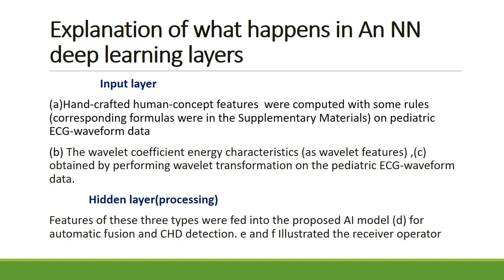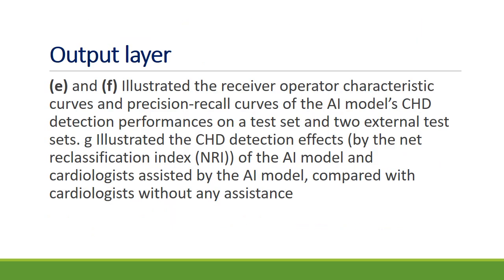Then in the hidden layer, these features are fed into a proposed AI model for automatic fusion and CHD detection. The output layer is where our model is trying to come up with a diagnosis compared to what the cardiologists implemented.